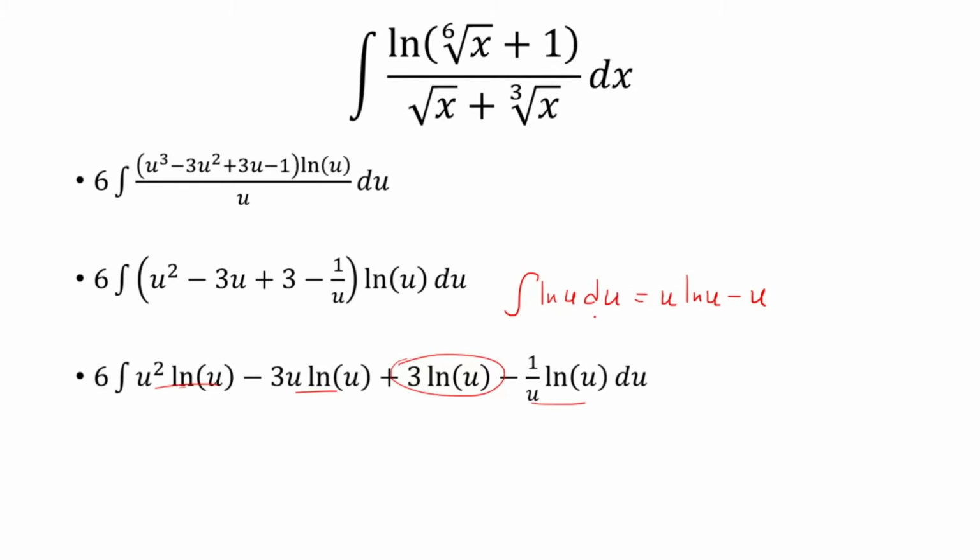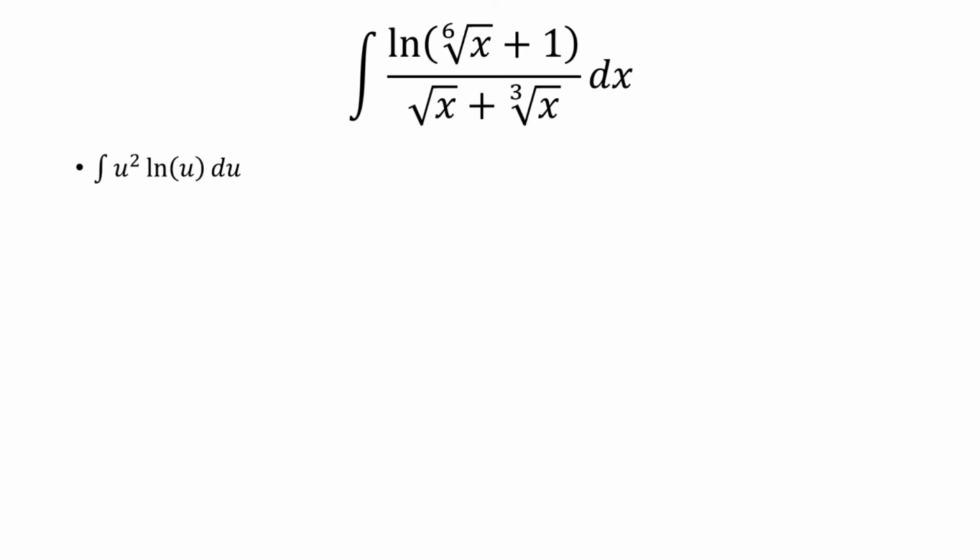If you're interested, you would do integration by parts and let f be ln of u and dg just be du, and then continue from there. But we'll just take it for granted and say this is the formula. In the next couple slides, I'm going to show you how to integrate those three.